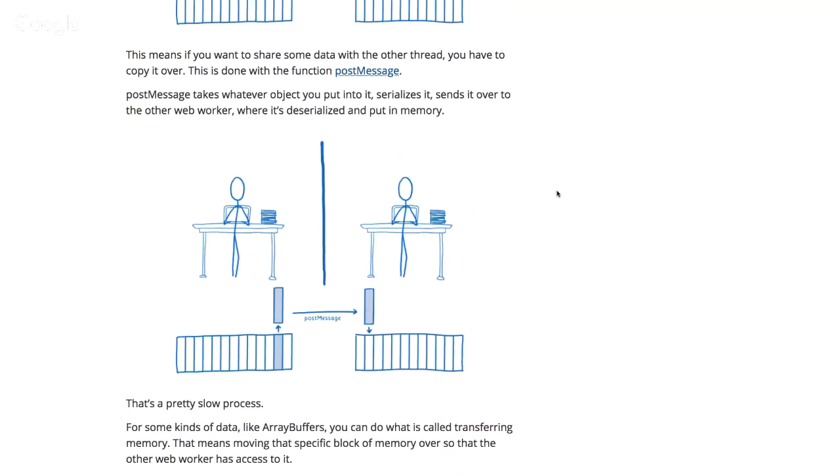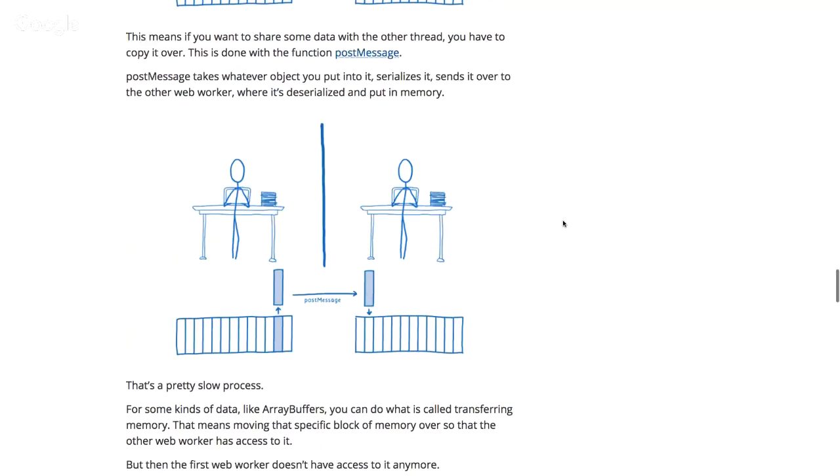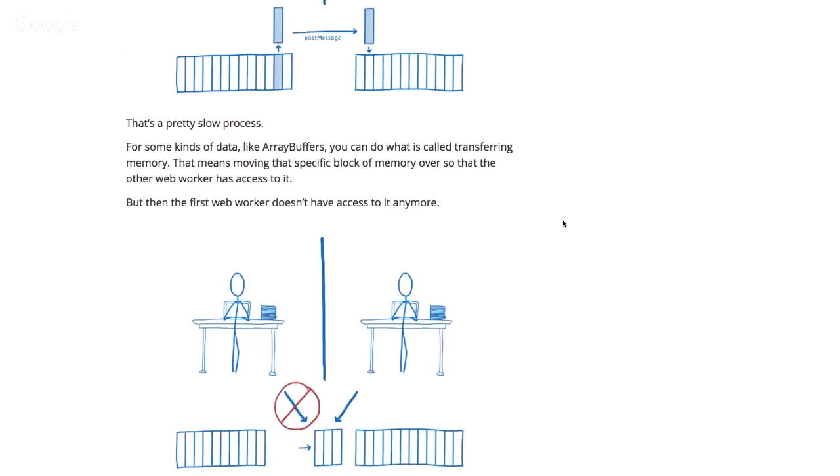Let's say you want to share an object from web worker 1 to worker 2. You would post a message and say, this is the object I want to share. The platform will serialize it and send it over, and web worker 2 has to deserialize it, store it in memory and then use it. It's a pretty slow process.